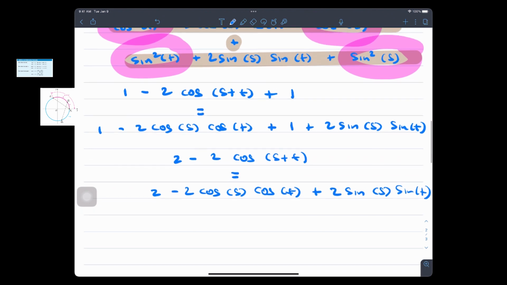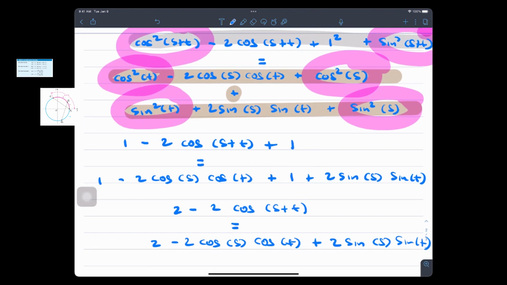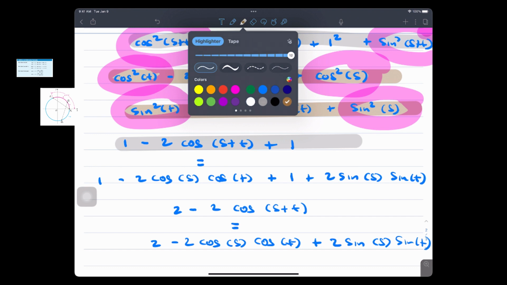Okay, so let's color coordinate this. This is that gray still, that's what it simplifies to. And then here's the gold.